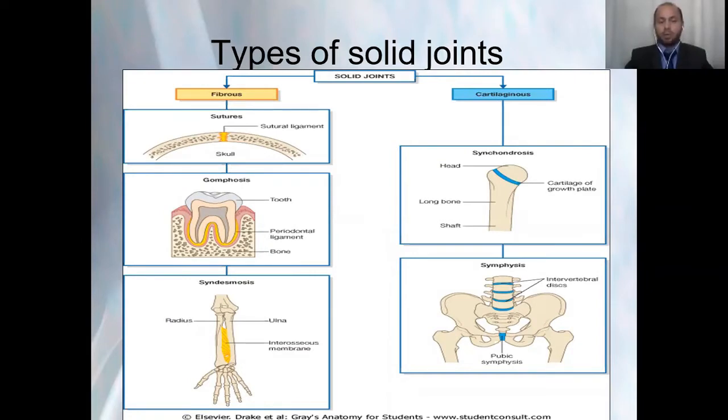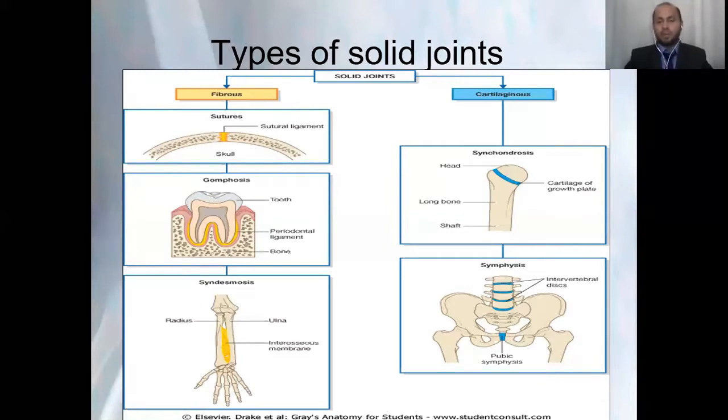Here the long bones are not directly joined with each other, but are joined with the help of the interosseous membrane. This joint is also present in the long bones of the lower limb, the tibia and the fibula.